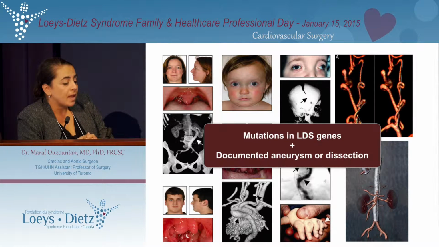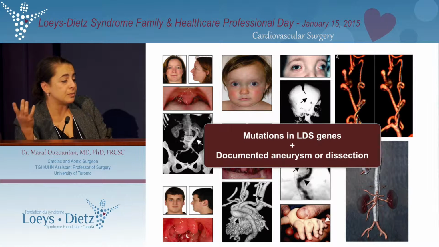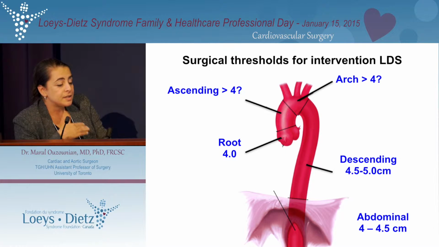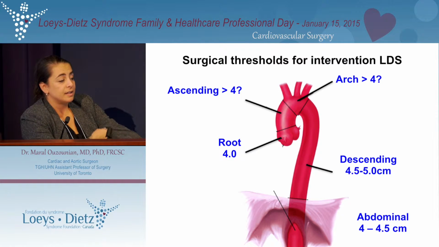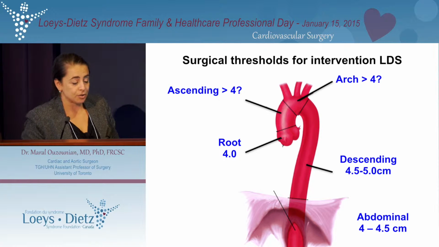As the guidelines suggest, right now, patients who have mutations in any of the LDS genes, along with documented aneurysms or dissections, may be considered to have Loeys-Dietz syndrome, including those with milder phenotypes. So these are, as the guidelines suggest, the surgical thresholds for intervention in Loeys-Dietz syndrome.